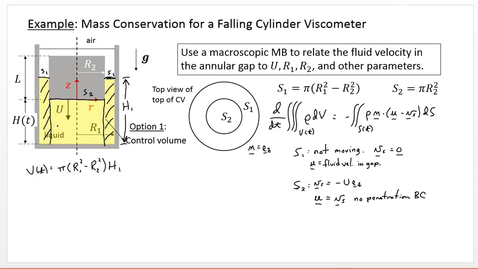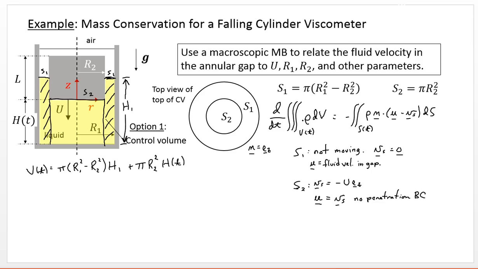And now we have to account for the volume below the cylinder. The volume below the cylinder is going to be plus the surface area of the bottom of the cylinder, pi r2 squared, multiplied by this distance, which we have listed as h of t. So now we can apply that to this equation here. The density is constant, so the integral of the density over the volume is simply the product of the density and the volume.